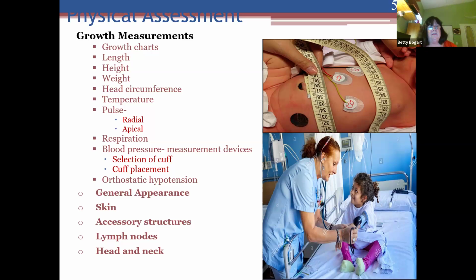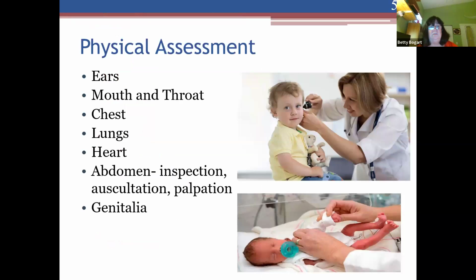Looking at the kids, the skin, and all of these things, lymph nodes on children, you shouldn't see them unless they're sick. Lymph nodes shouldn't be there. You're going to look at their ears, their nose, their mouth, etc., listening to their lungs. And again, you're doing this when the kid will let you. Inspecting, auscultating, palpating.